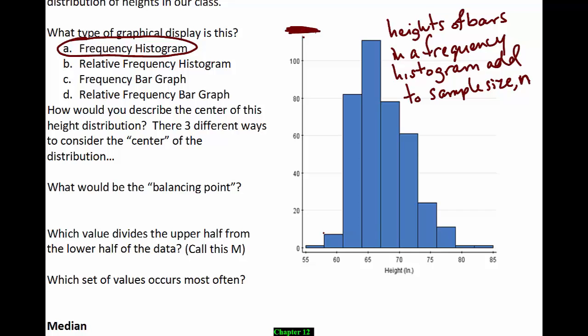There are this many people between 58 and 61 inches, and this many people in the next height category, etc. What are they going to add to in a relative frequency histogram? The heights add to 1 or 100, depending upon whether it's in decimal or fraction notation or it's in percent notation. So the heights add to 1 or 100 in a relative frequency histogram.